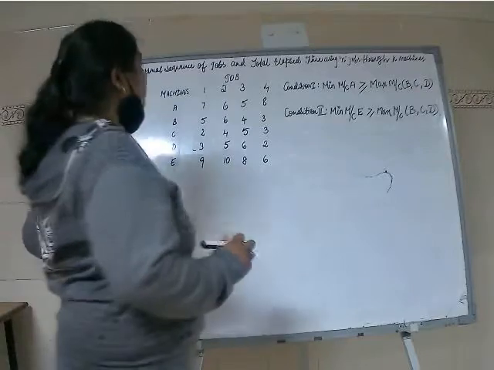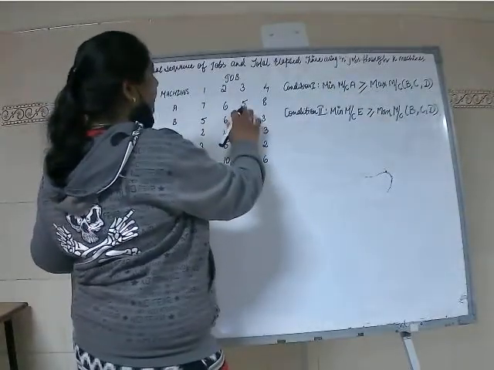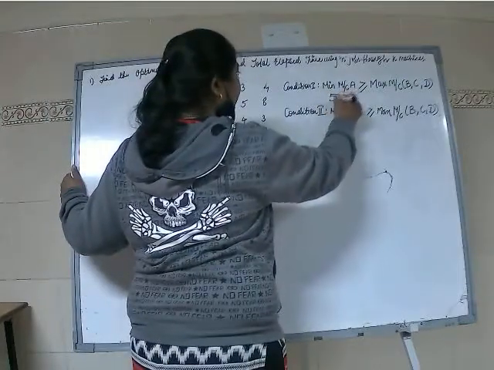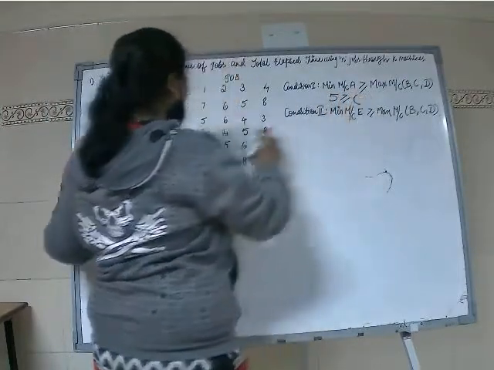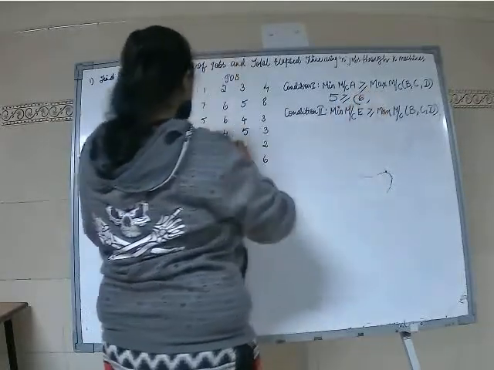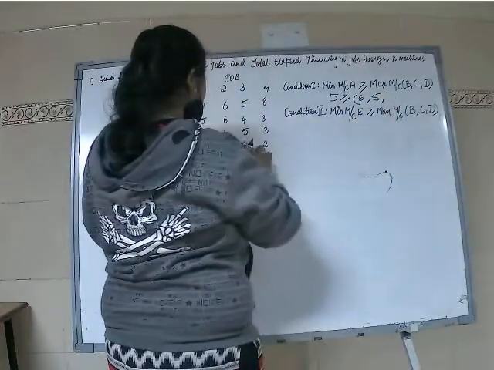Okay students, so here the minimum value of machine A is 5, which should be greater than or equal to the maximum value of B, which is 6, C is 5 and D is 6 again.